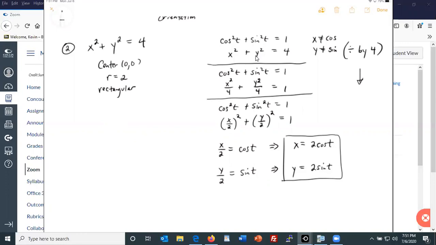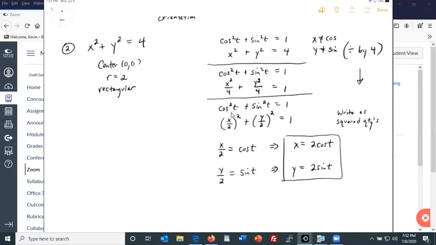And then in the second part, I write as squared quantities. So I write x squared over 4 as a squared quantity, and I write y squared over 4 as a squared quantity. This way you can match them up with the squared sine and cosine terms.